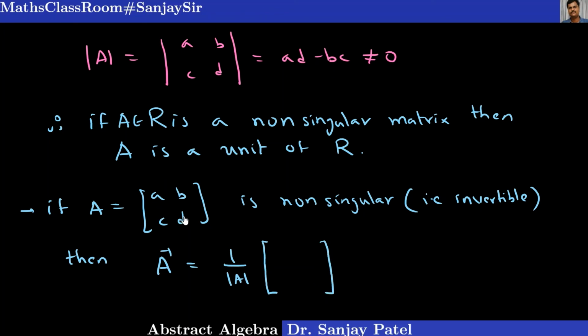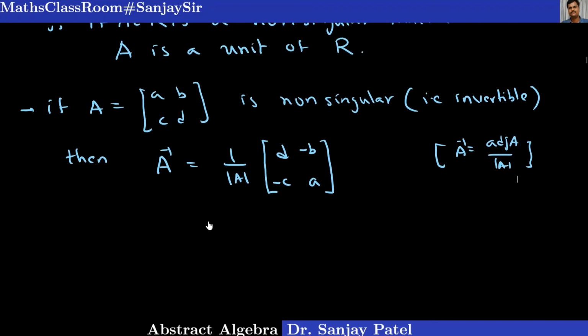Just swap A and D in the principal diagonal, D and A, and change the sign of the secondary diagonal elements, so it is minus B and minus C. So in general, for a non-singular matrix A, the inverse is given by the formula adjoint A upon mod of A. This is in general for the ring of n cross n matrices.